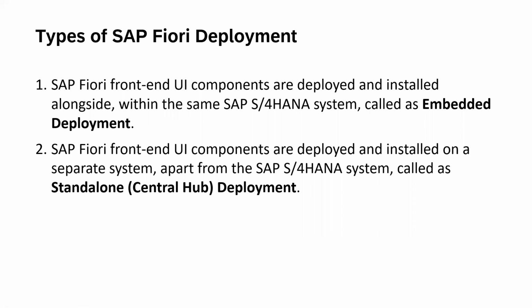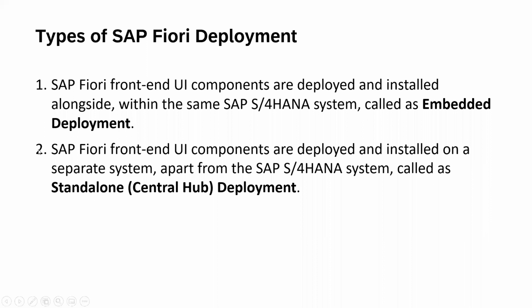This is called an embedded deployment. So the Fiori applications, the Fiori front end server, and the S/4HANA system both reside in the same system. That is called an embedded deployment.